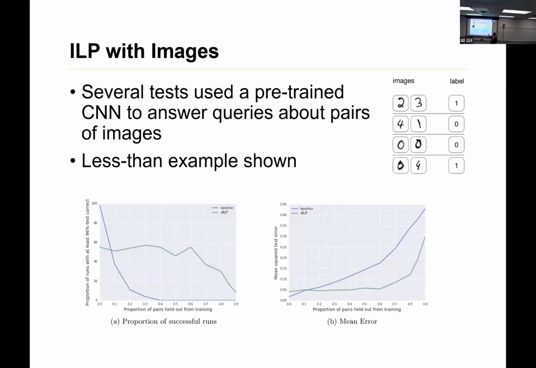So they look at, again, a proportion of successful runs based on pairs held out from training, and also look at mean squared error. Not too bad. You don't really start taking off with the error until you're hitting 60, 70%, and the baseline is already exceeding quite a bit early on.